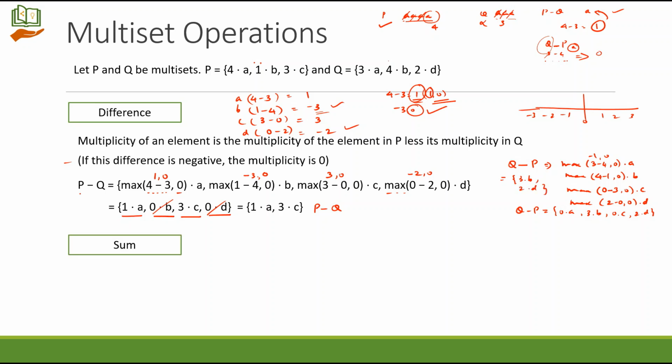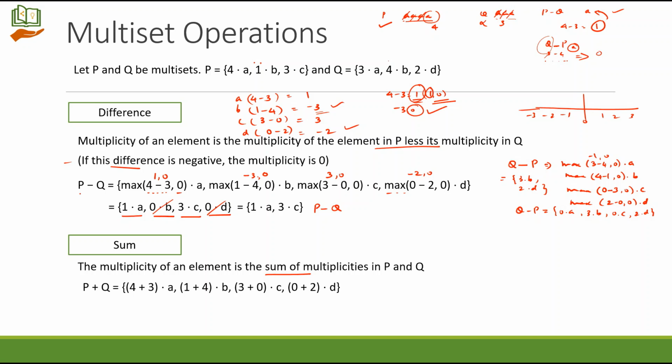We have one more operation called sum. The multiplicity of an element is the sum of multiplicities in P and Q. Where they told about the difference, here we have another operation for sum. So this is denoted by P plus Q. How will we find it?